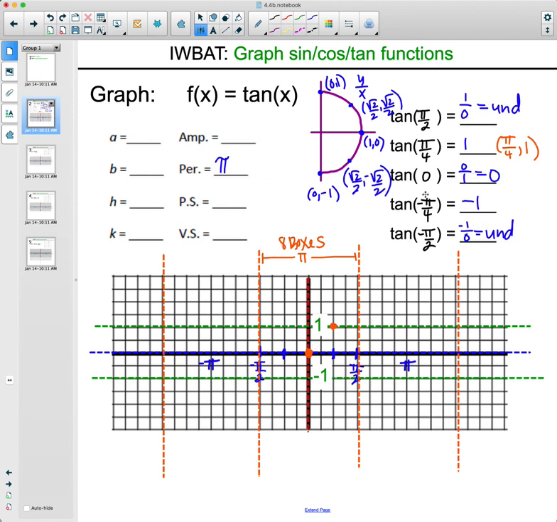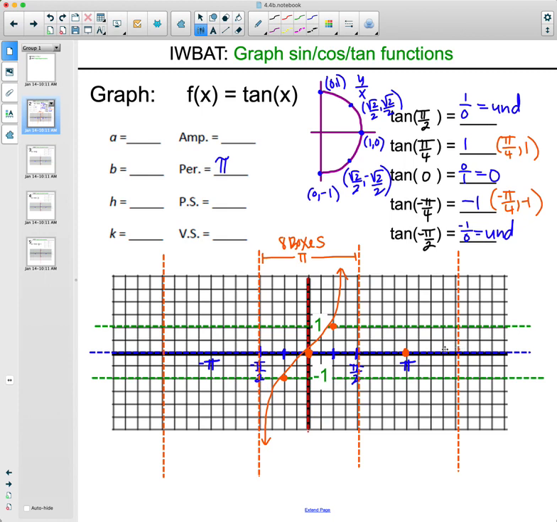At negative pi over 4, we're at negative 1. So negative pi over 4, negative 1. And then these are just going to connect, and tangent looks like this. It curves in here, and it can't cross those asymptotes. So what ends up happening for tangent is halfway between its asymptotes, it's at 0.